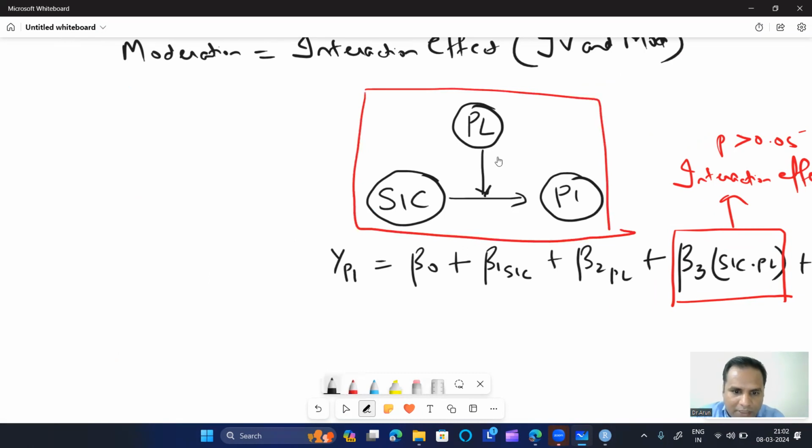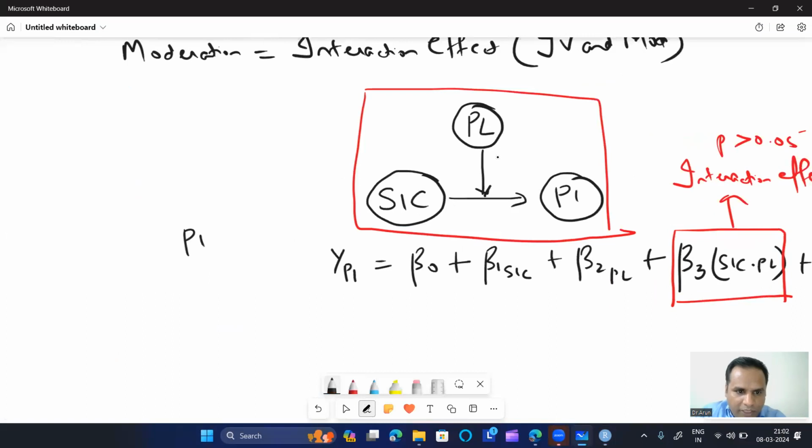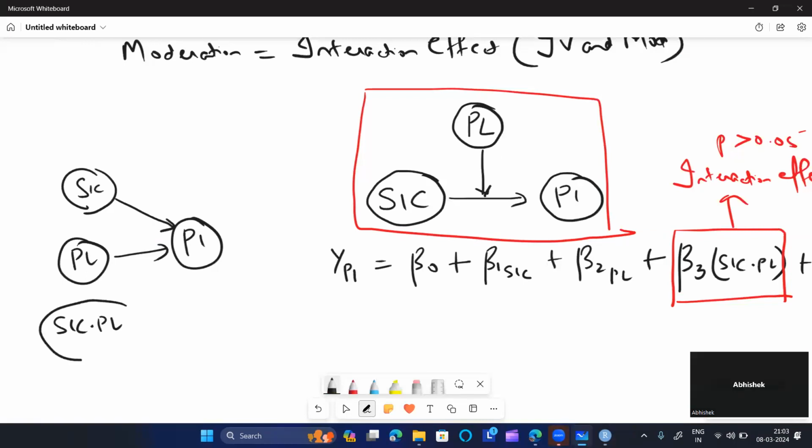Now, how will the statistical model look? All of you just pay attention. There will be PI, and there will be one arrow from SIC to PI. The second arrow will be from PL to PI. And there is an interaction term, which means SIC multiplied by PL.